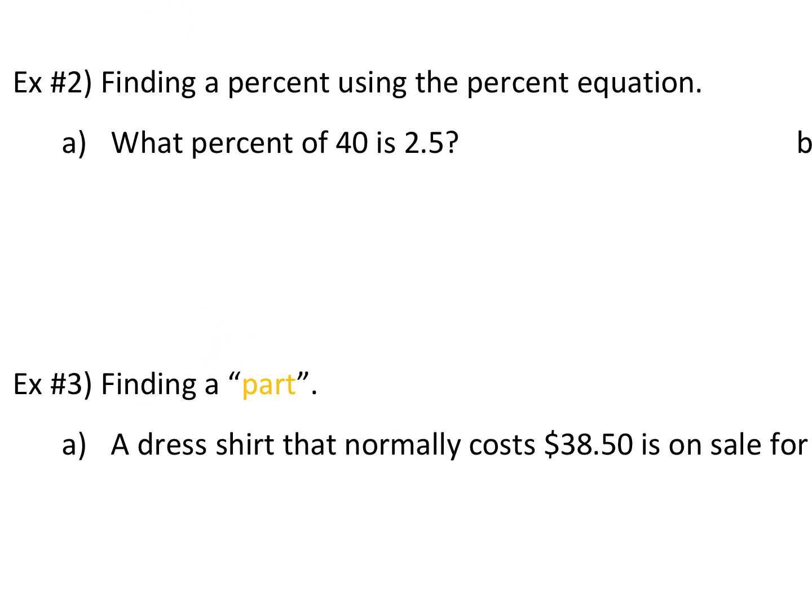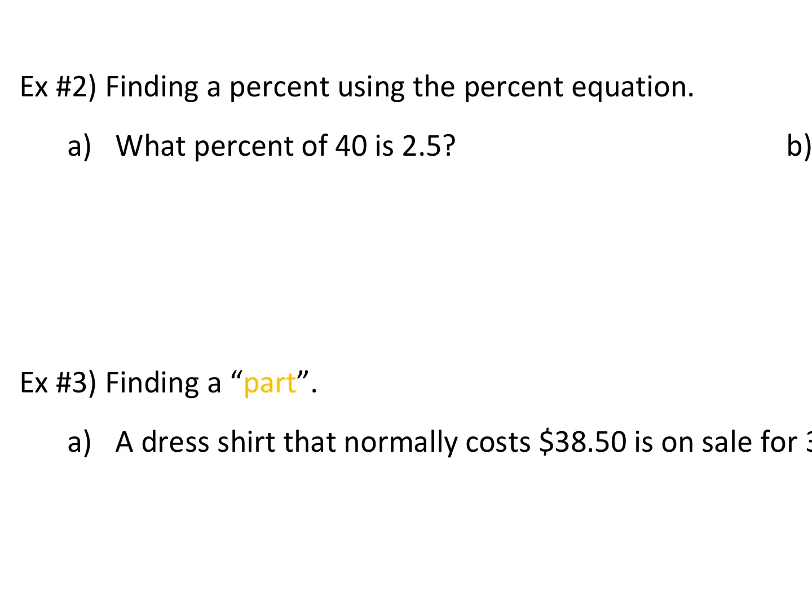Okay, so here's what I want you to take a look at. It says, what percent of 40 is 2.5, okay? So I said earlier, when you see the word what, that's your unknown, okay? So what percent, we're not gonna mess with the percent quite yet. What did I say of was? Do you remember?